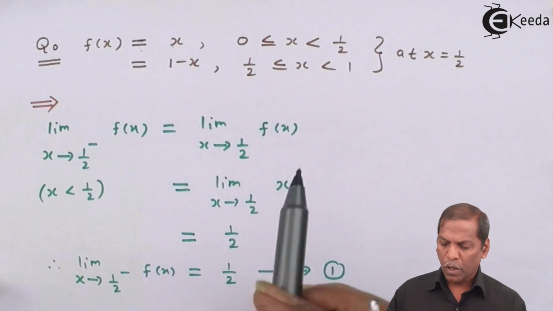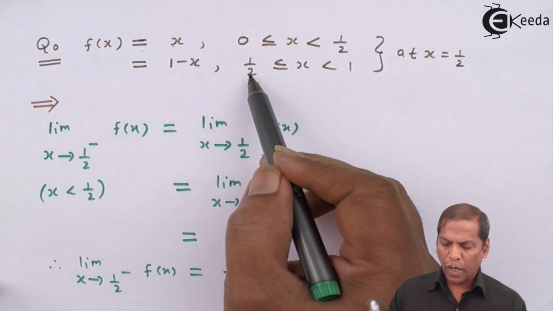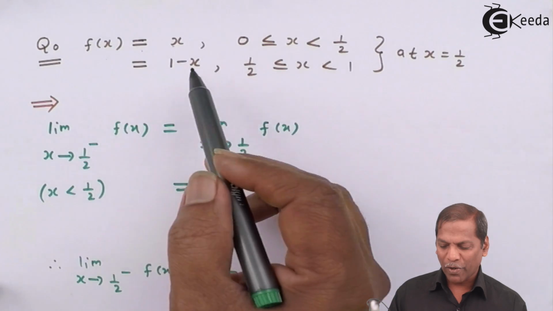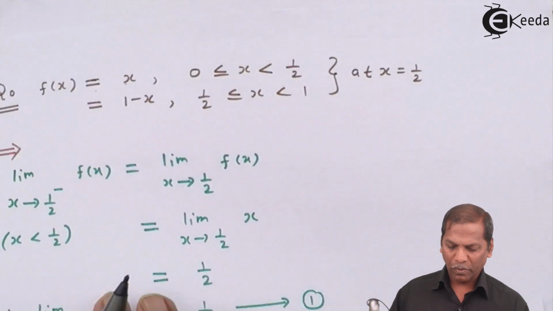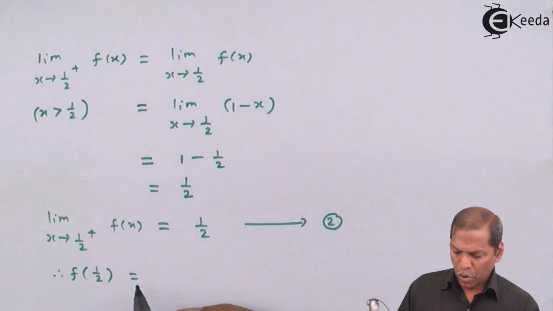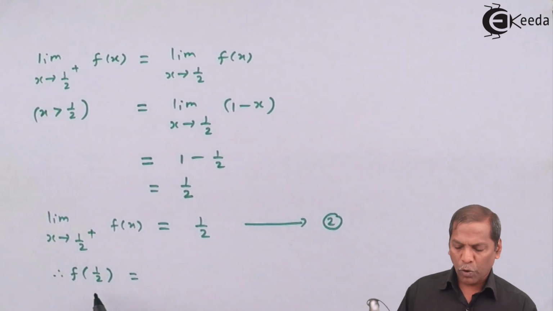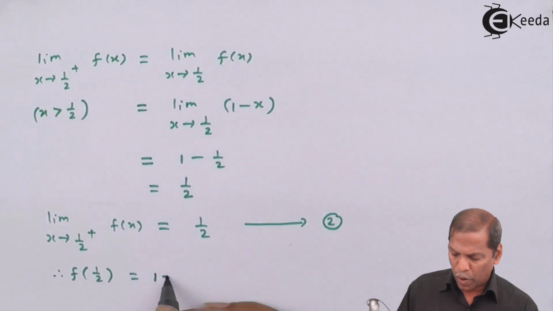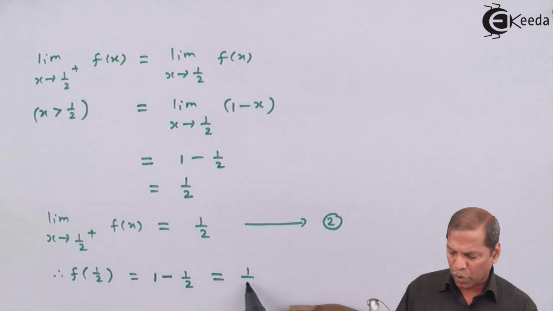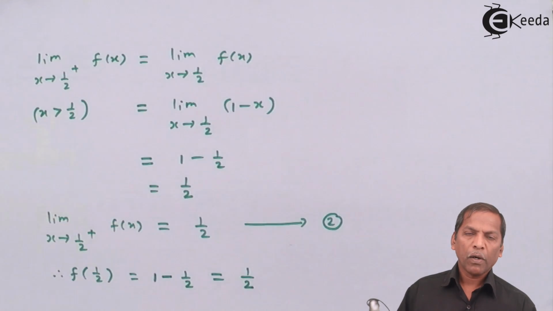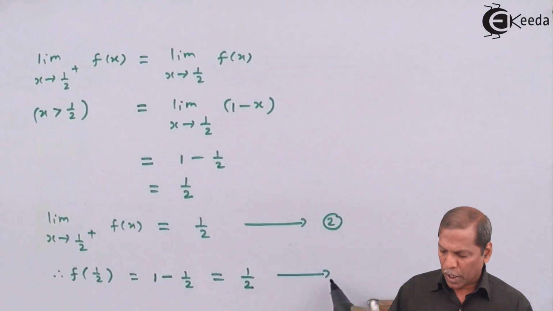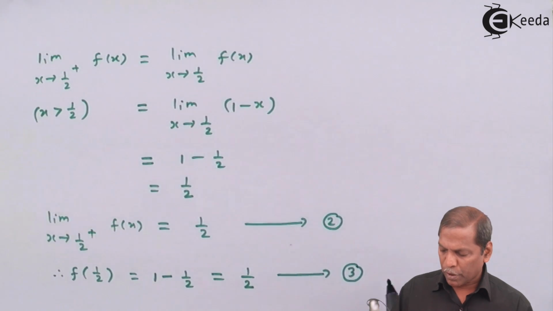So for x equal to 1 by 2 we have f of x is equal to 1 minus x. Therefore f of 1 by 2 is equal to 1 minus 1 by 2, and that is also equal to, on cross multiplying, 1 by 2. Let us denote this as equation number 3.